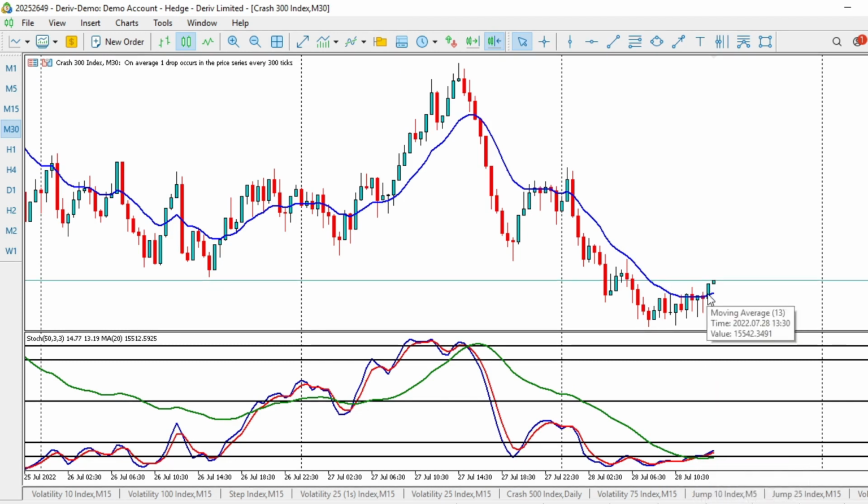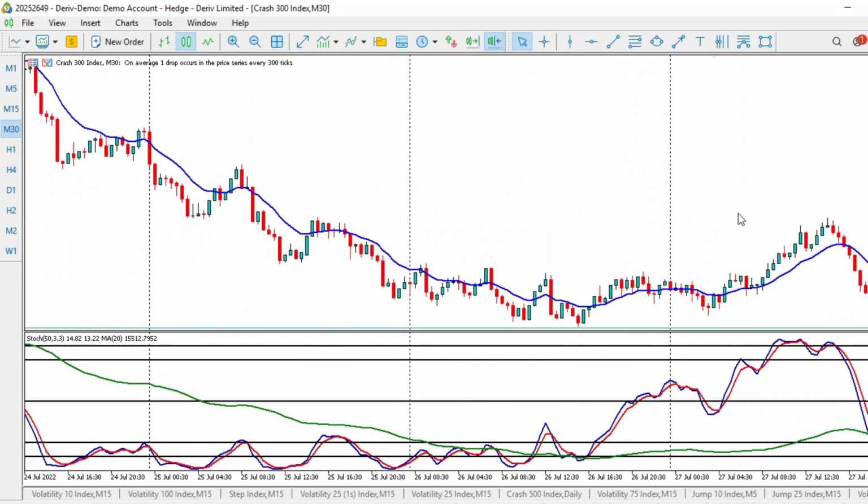Once you see the candles start to form above the 13 period exponential moving average, here we take our sell entries, up to where I'm expecting these moving averages to reach, let's say, level 80.